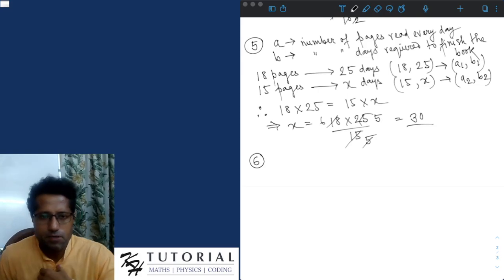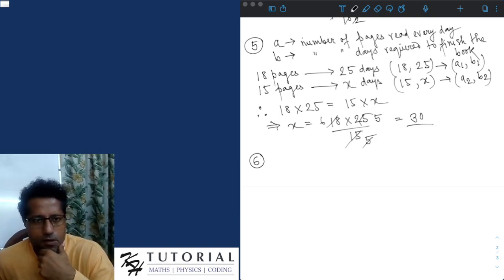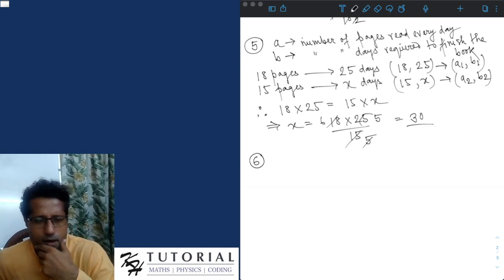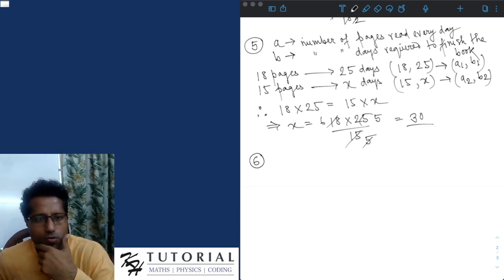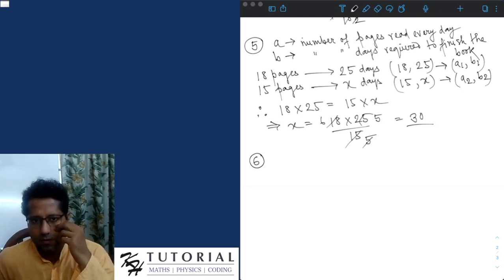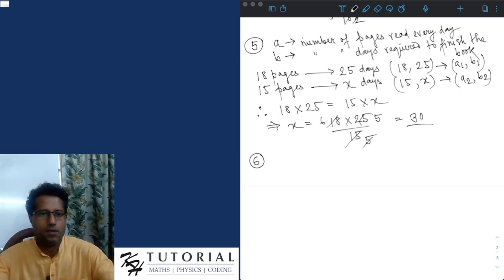If the typing speed is more, that is, if you type more words per minute, definitely you will take less time to type a certain document, and if your speed is less, then you will take more time to type the same document.